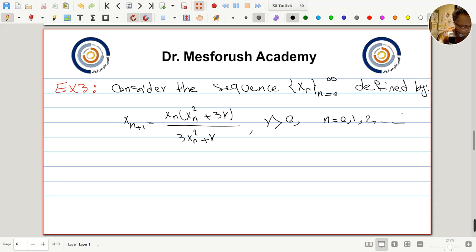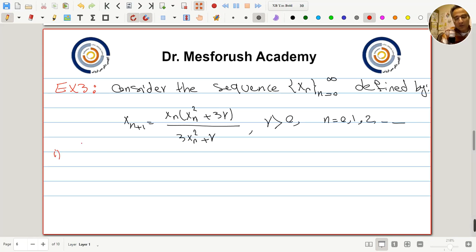What we want to find is the number that the sequence converges to, and also the order of convergence.